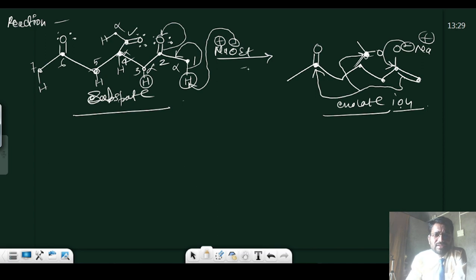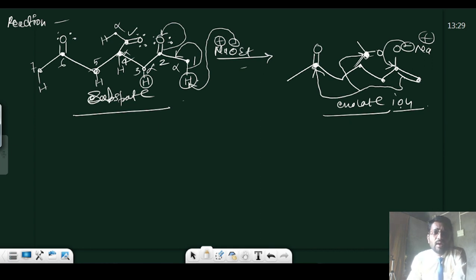After formation of the enolate, two types of attacks are possible. If it attacks on the first carbonyl, there is a possibility of a 5-membered ring, and if it attacks on the other carbonyl system, a 6-membered ring.